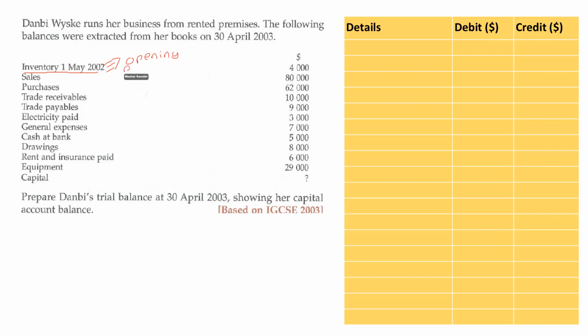Inventory has a debit balance, so 4,000 is for the inventory. Sales have a credit balance. Purchases are your expenses, 62,000 debit balance. Trade receivables, your debtors, are your assets. They have a debit balance.